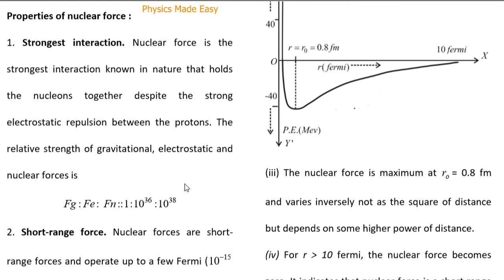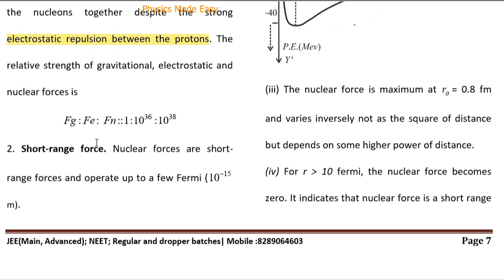The first property of nuclear forces is that nuclear force is the strongest interaction known in nature. It holds nucleons together inside the nuclei despite strong electrostatic repulsion between the protons. Now the relative strength.